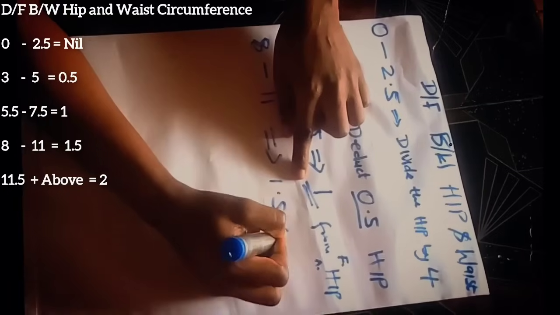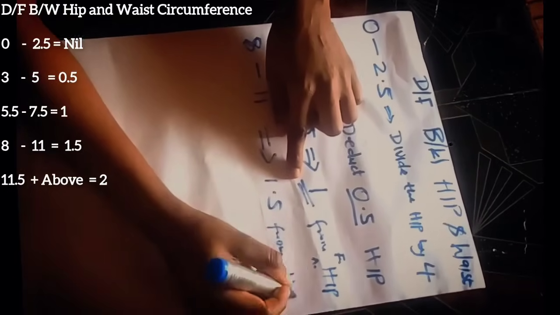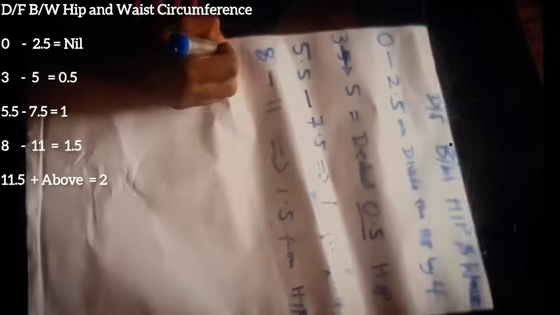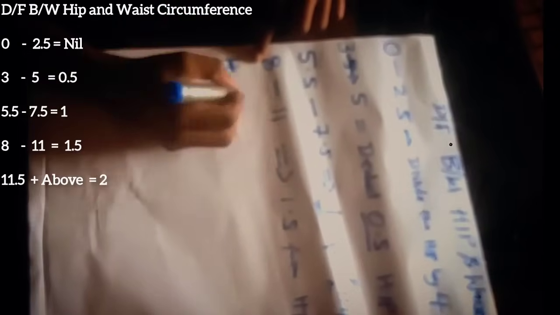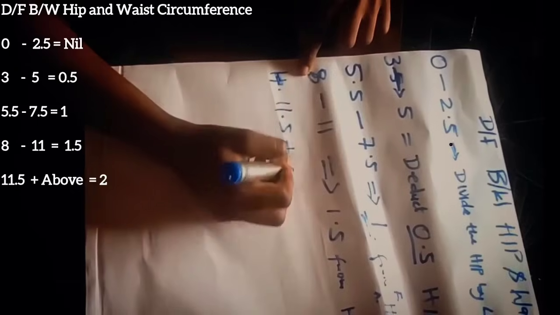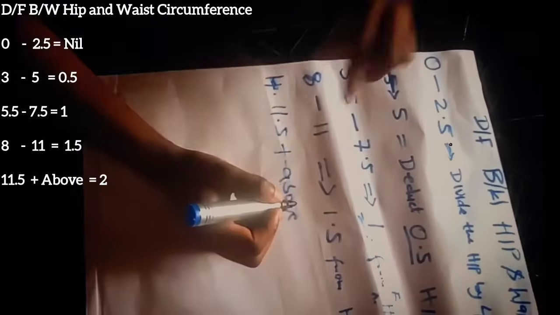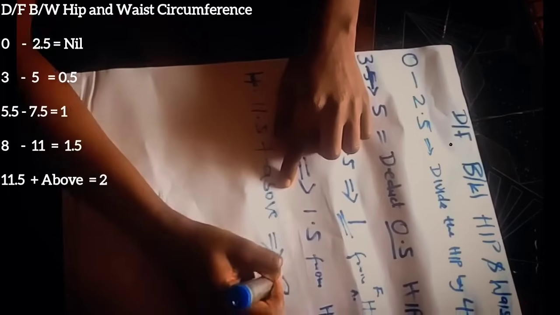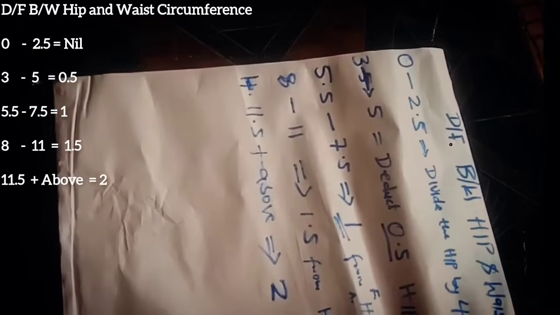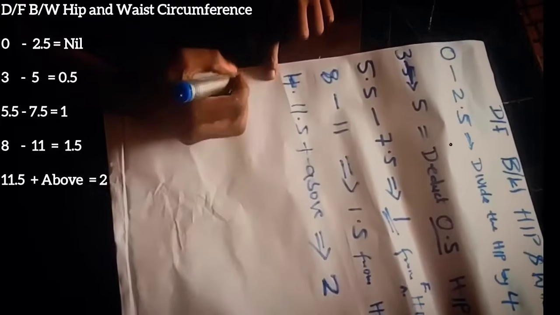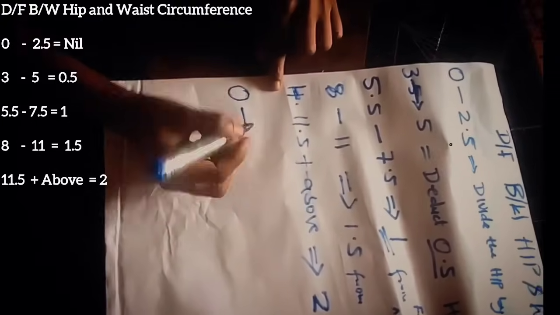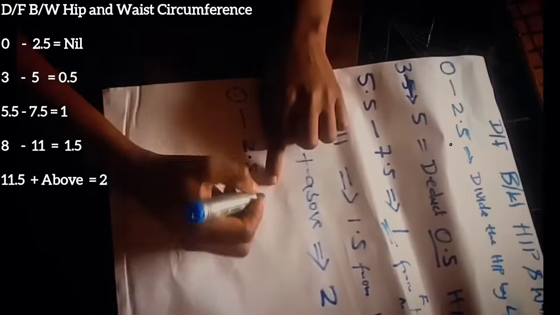If the difference is between 8 to 11 inches, you are going to deduct 1.5 from the front hip and add it to the back hip. And if the difference is 11.5 and above, you are going to deduct 2 inches from the front hip and add it to the back hip.